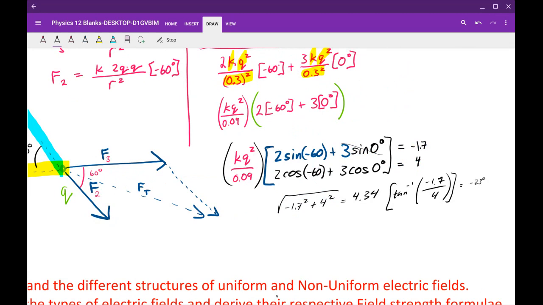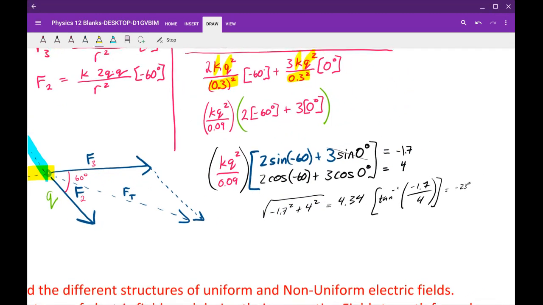You're looking at... so I typed that in. This is a negative 1.7. I typed that in. That's a 4. And then we put them into the Pythagorean theorem. We get 4.34. It turns out that is this vector here, 4.34. That's the force, okay? And its angle turned out to be negative 23 degrees.